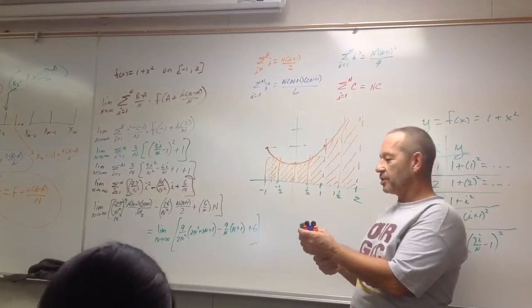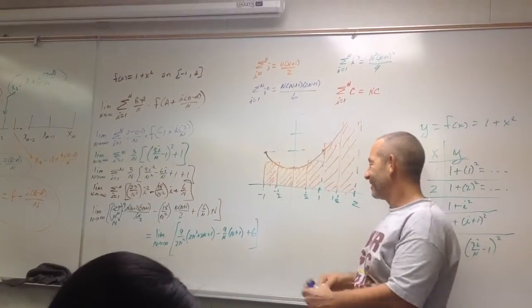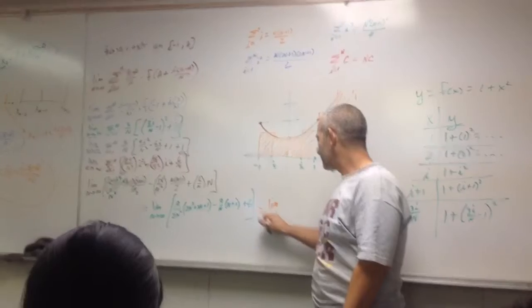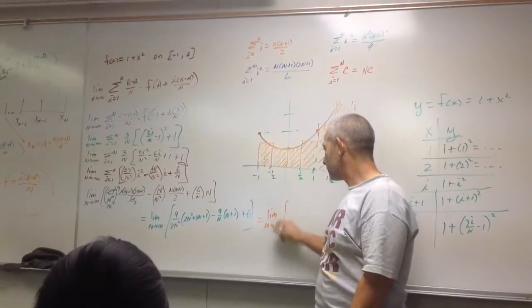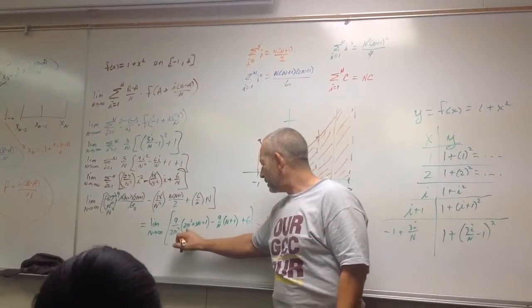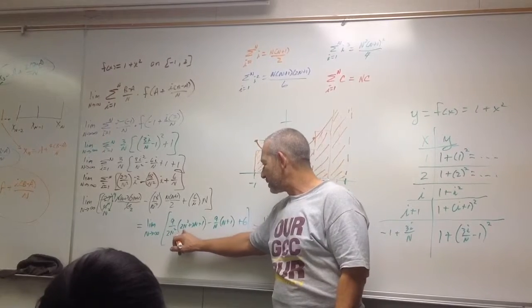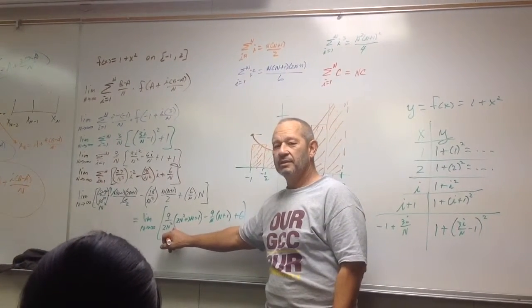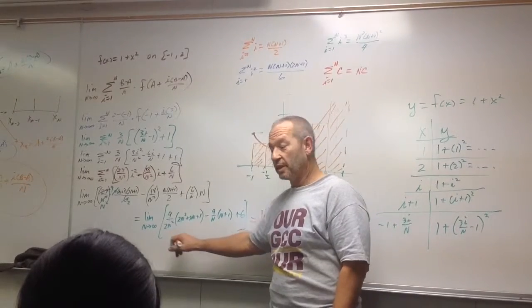Let's continue to distribute here. This is the limit as n goes to infinity. Let's see, what do I get when I multiply this out? Cancel. What's left? 9.